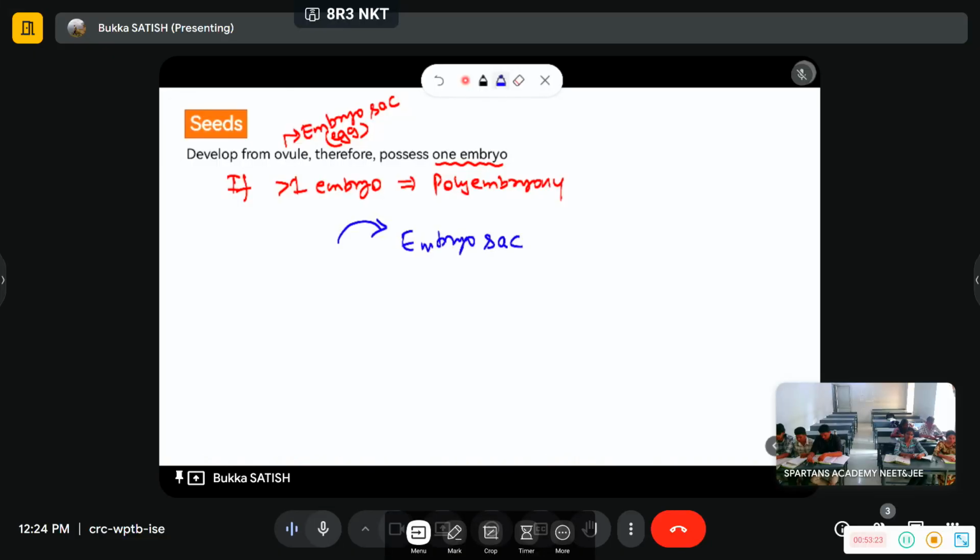Do you know the difference between embryo sac and embryo? Anyone knows the difference between embryo sac and embryo? Are they same? And what is the difference?